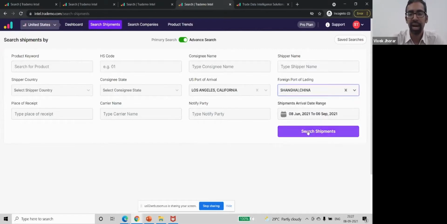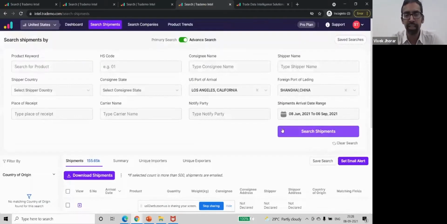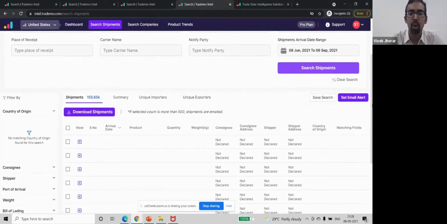So this is Shanghai, and the same shipments now will appear only for this route. And Michael, you can rest assured that this will cover all the shipments which came on this particular route.